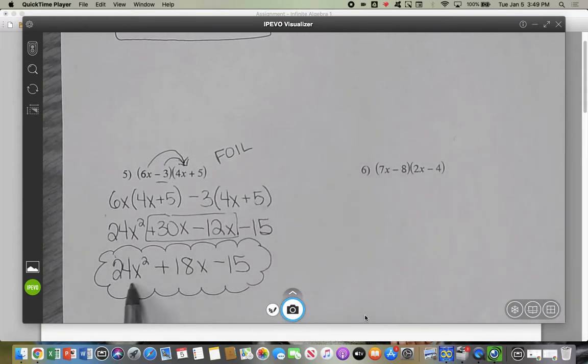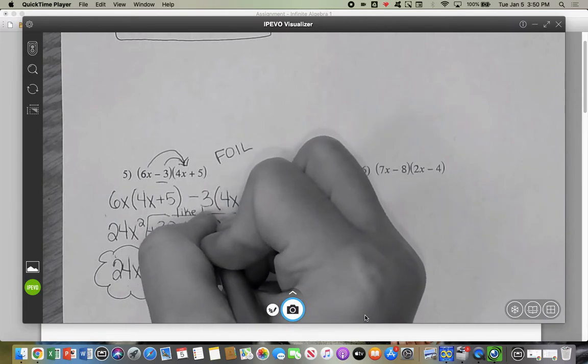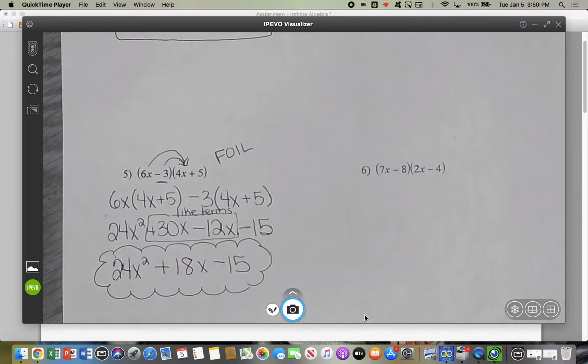Those cannot be combined because the powers aren't the same. But here the powers were the same. Those are what we call like terms, right? And we can put those together. So we are distributing the 6x first, then I distributed my second term, negative 3, and then I simplified.